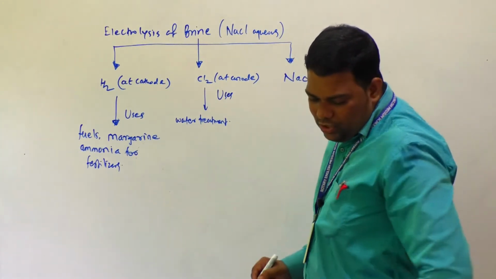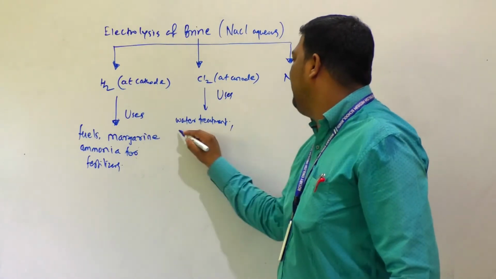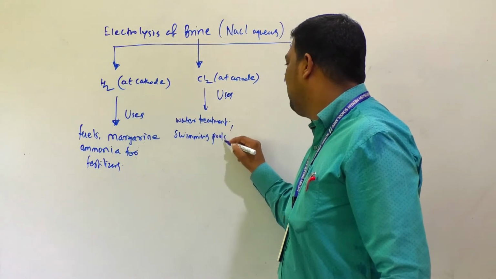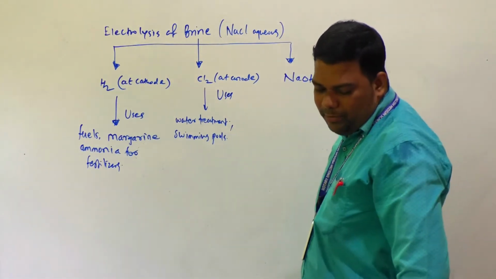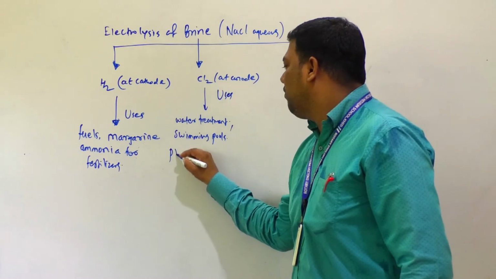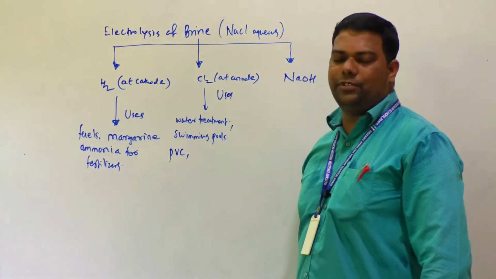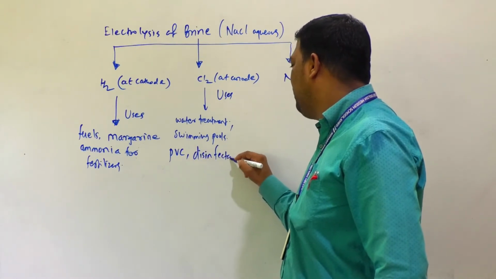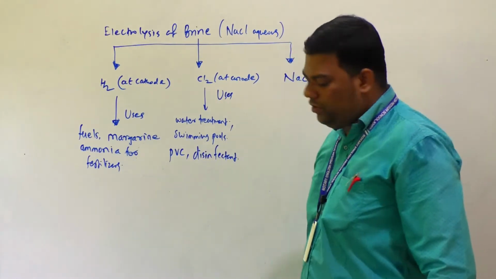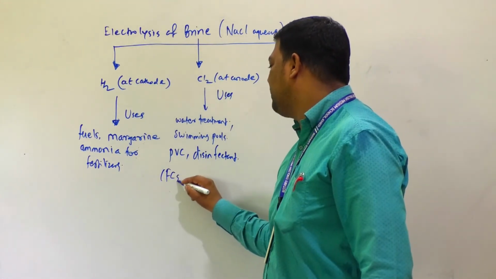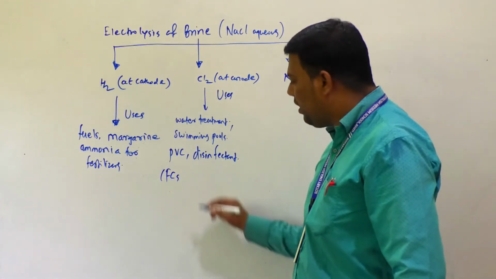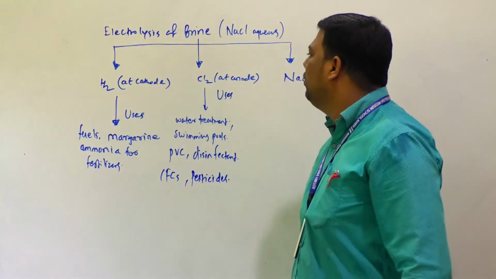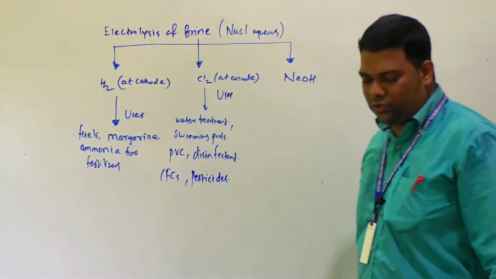Next, in swimming pools also we are adding it. Then in the preparation of PVC, polyvinyl chloride pipes, as a disinfectant. Then in the preparation of CFCs, chlorofluorocarbons, and as pesticides. So many uses of chlorine here.